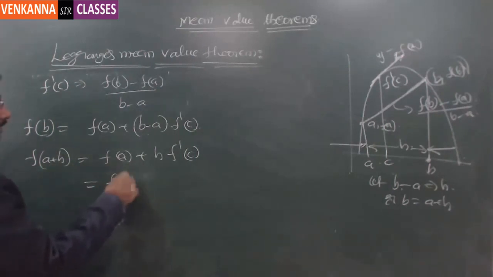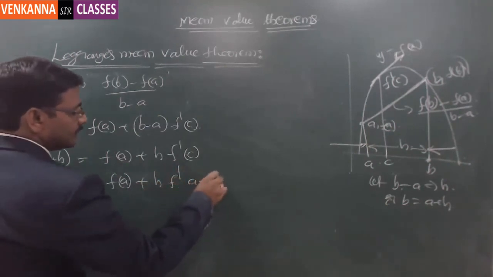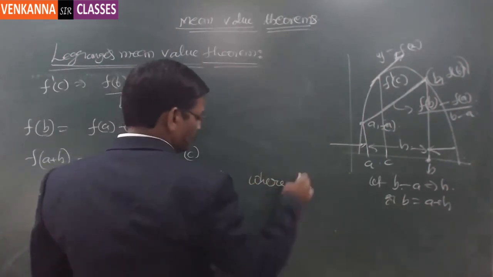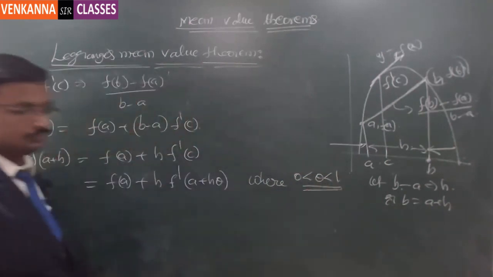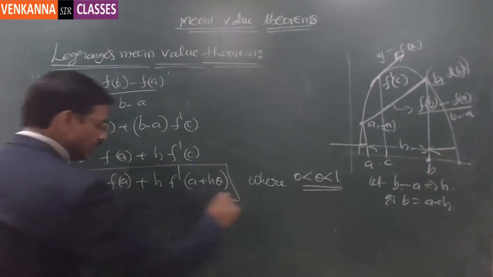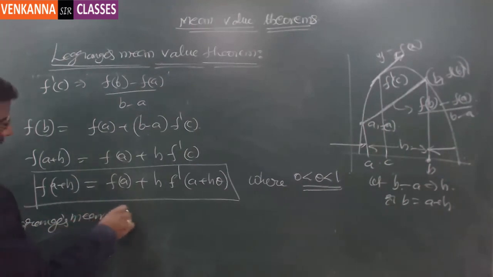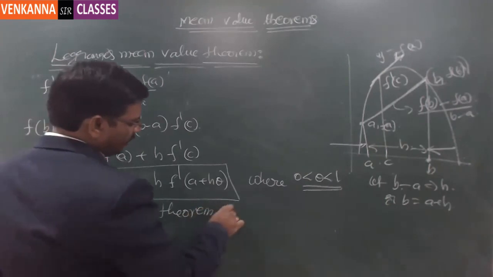This can also be written as f of a plus h times f dash of a plus h theta, where 0 is less than theta less than 1. This is what is called Lagrange's mean value theorem, in remainder form.